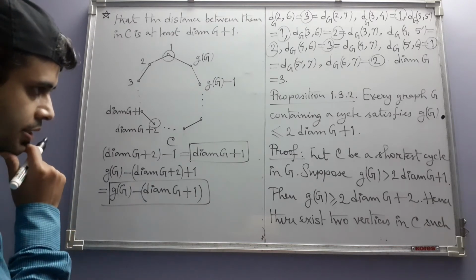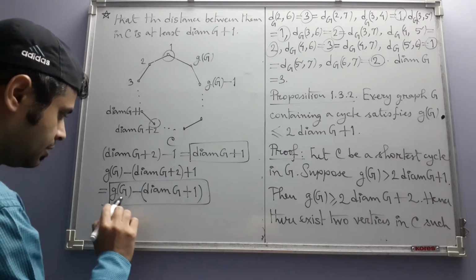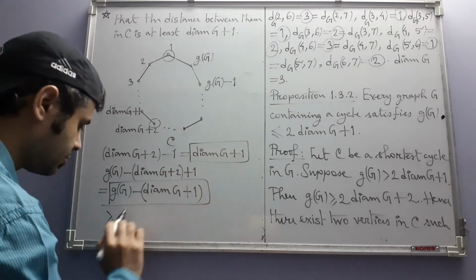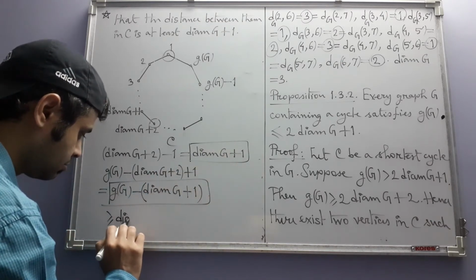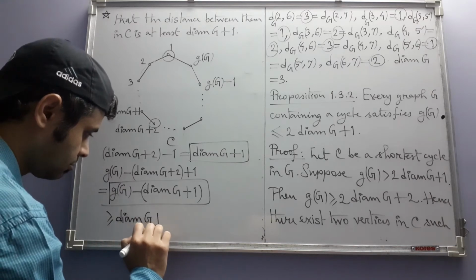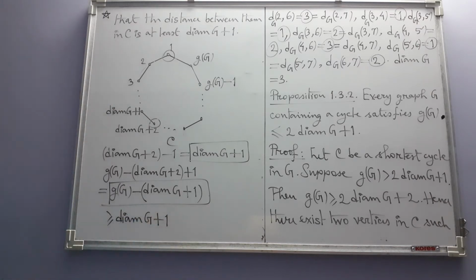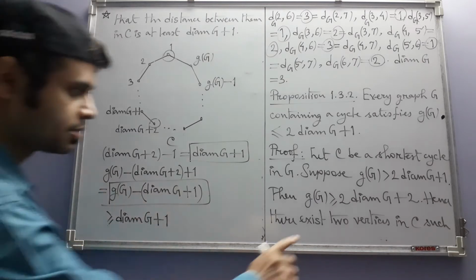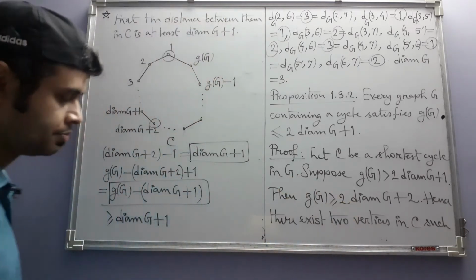This inequality says that the length of this path is actually greater than or equal to this length, because this inequality is equivalent to this one.